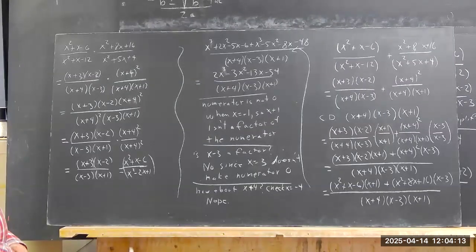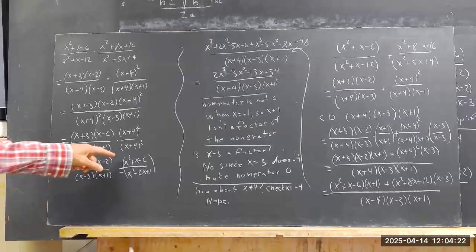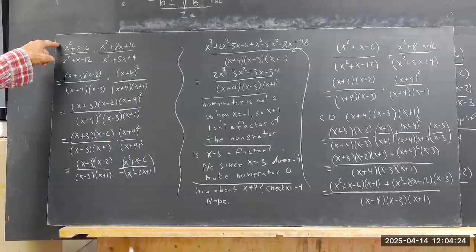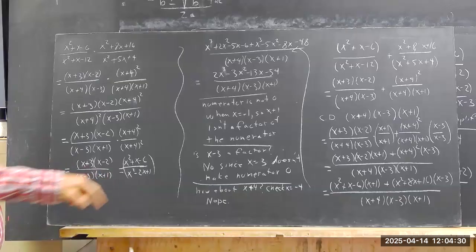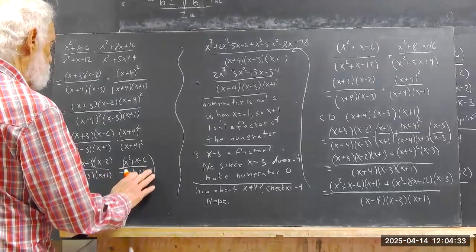But that strikes me as a little bit strange, because the numerator is identical to the numerator of my original first fraction. It's x squared minus 2x minus 3, sorry.